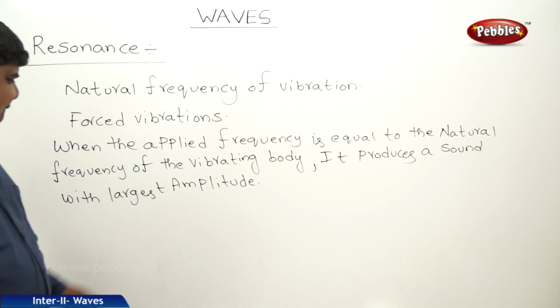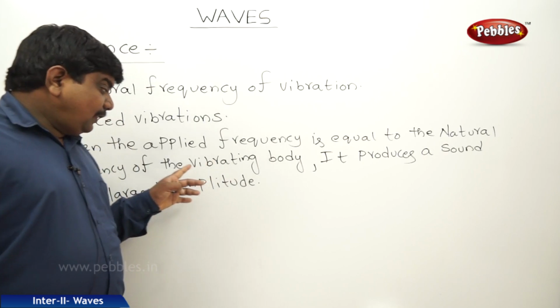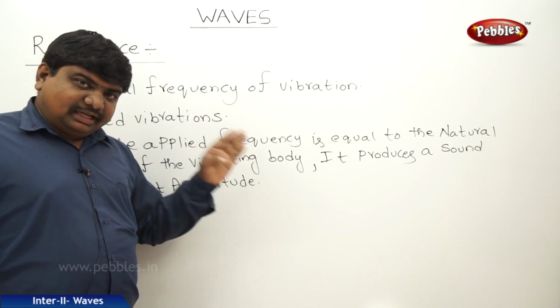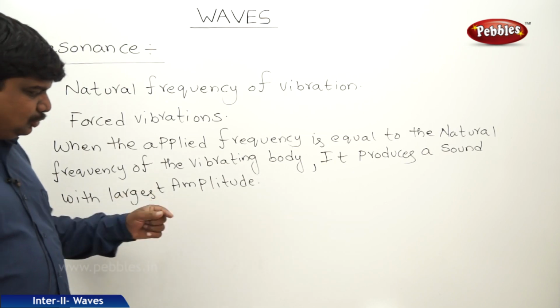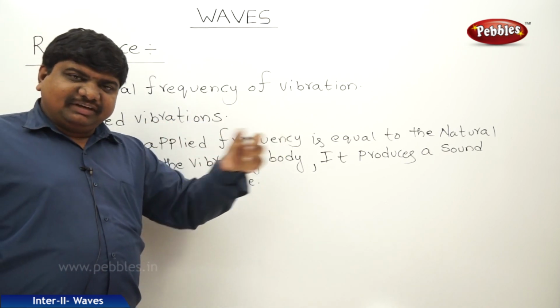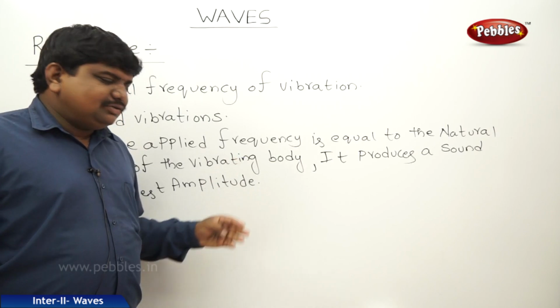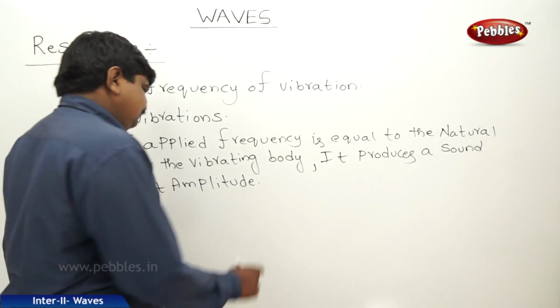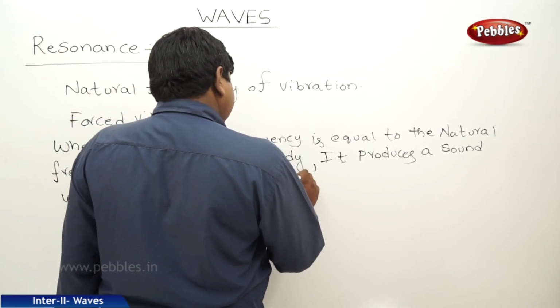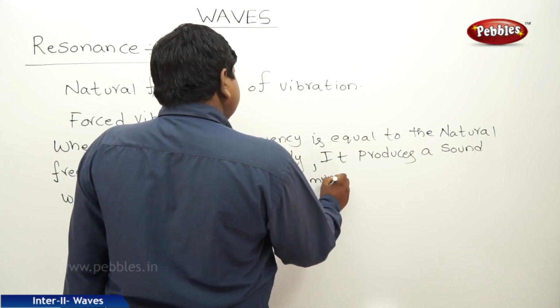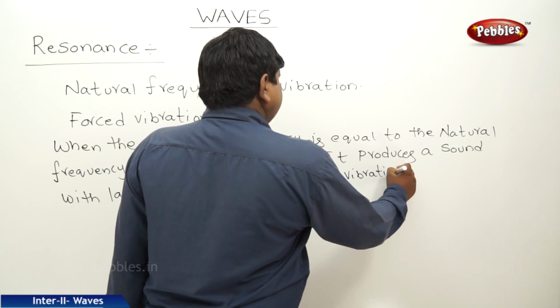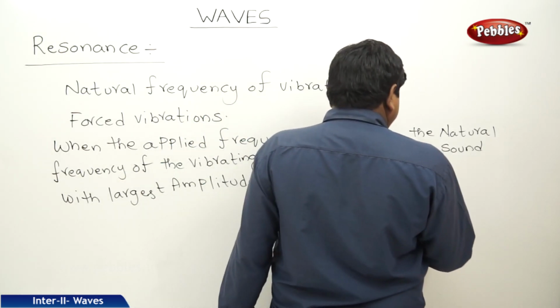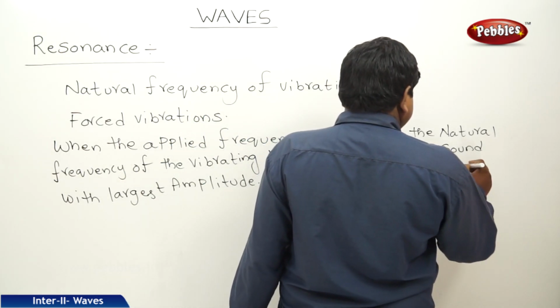That means when the natural frequency of the body is equal to the frequency applied, then these two are matched, and the frequency matched case leads to the maximum vibrations. Maximum vibrations take place.